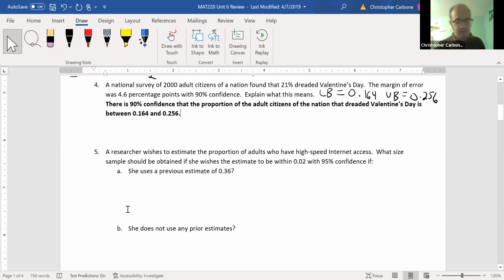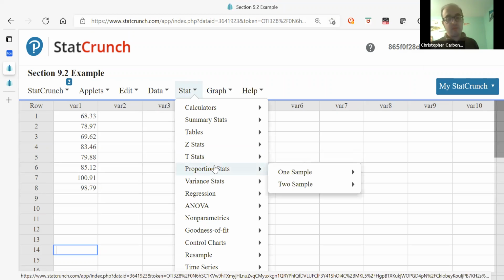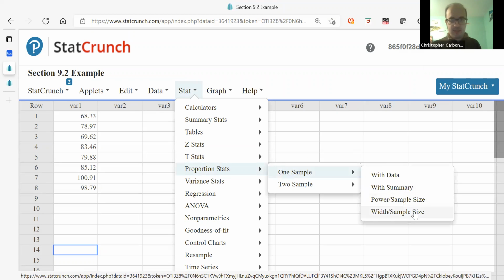Question number 5. A researcher wishes to estimate the proportion of adults who have high-speed internet access. What size sample should be obtained if she wishes the estimate to be within 0.02 with 95% confidence if she uses a previous estimate of 0.36. So we're going to go to Stat, Proportion Stats, one sample, with sample size.